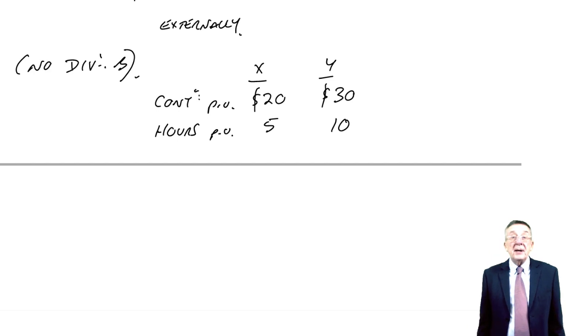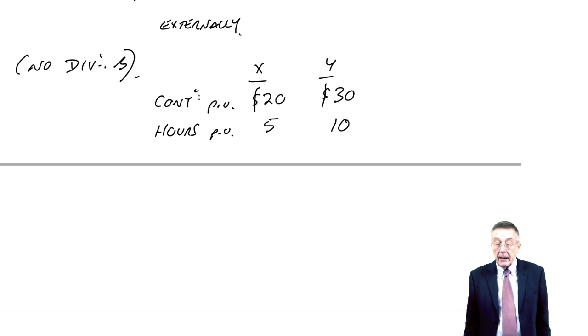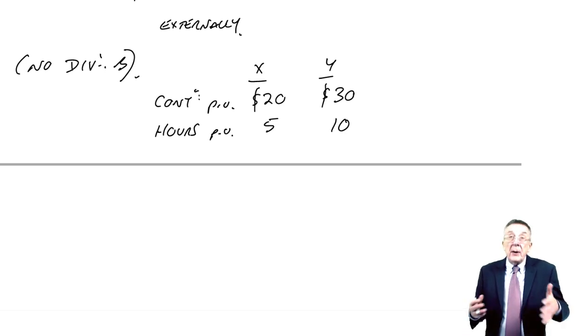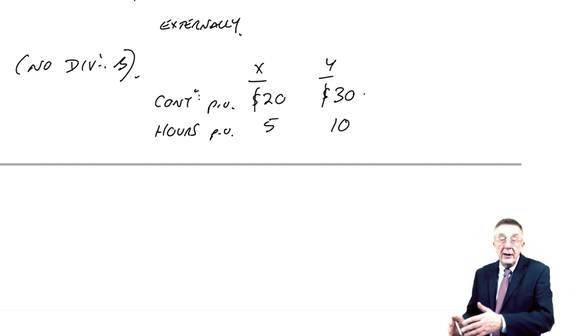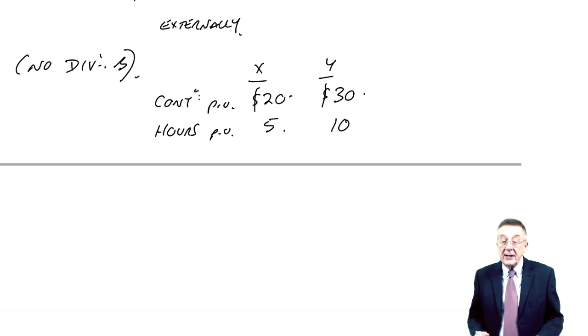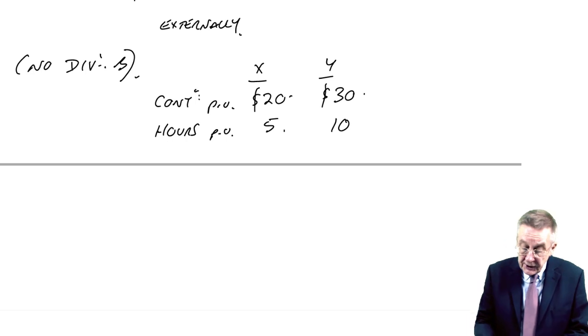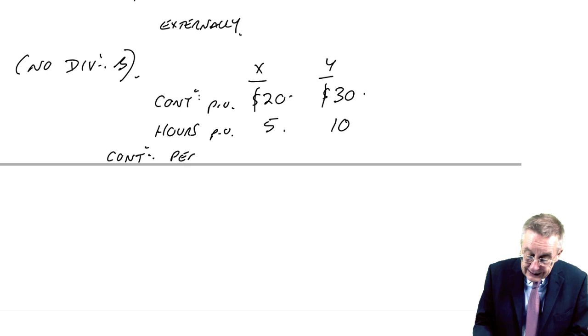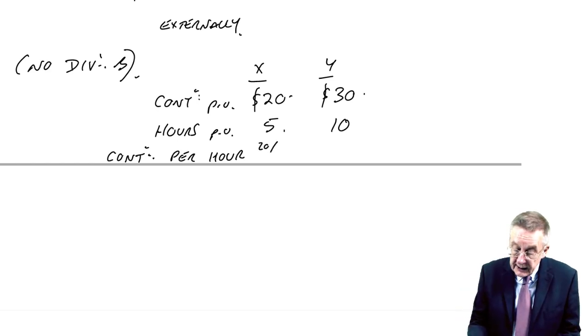And so, still forgetting Division B, this is actually a little key factor problem, which was one of the lectures way back. If we had 10 hours available, you could either make 1 Y and earn 30, or with 10 hours you could have made 2 X's and earned 40. We choose in this sort of situation based on the contribution per hour. Every hour spent making X's, we get 20 for 5 hours, so $4.